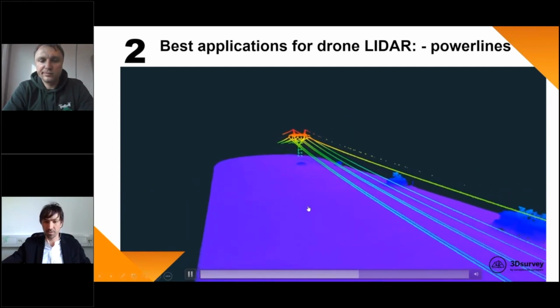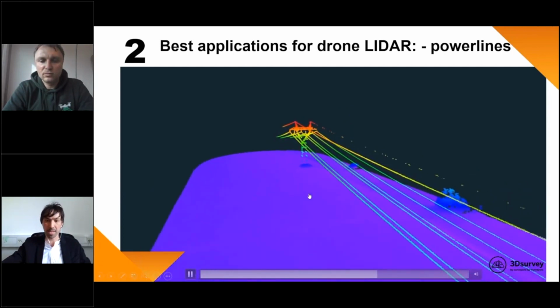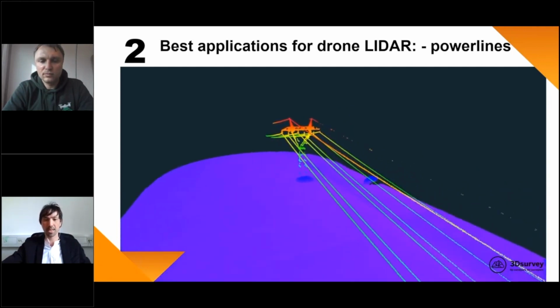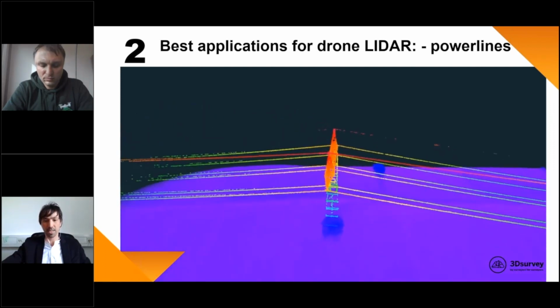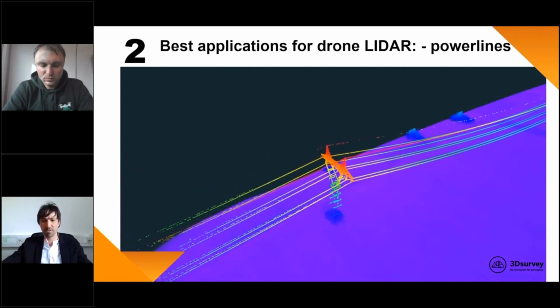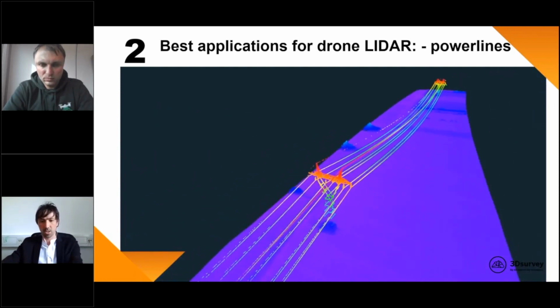Of course, you have a lot of terrain points, so the main elements of the power line are there if you do a power line inspection, and you can simply continue then with the vectorization and so on. So this is just for introduction.